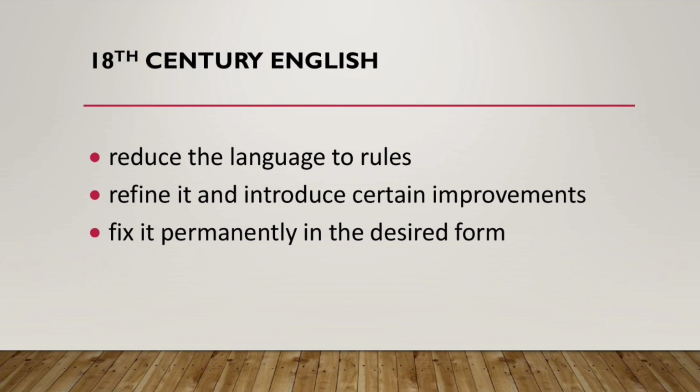The 18th century attempts to codify the English language intended to reduce the language to rule and set up a standard of correct uses, refine it, that is, to remove supposed defects and introduce certain improvements, and fix it permanently in the desired form.